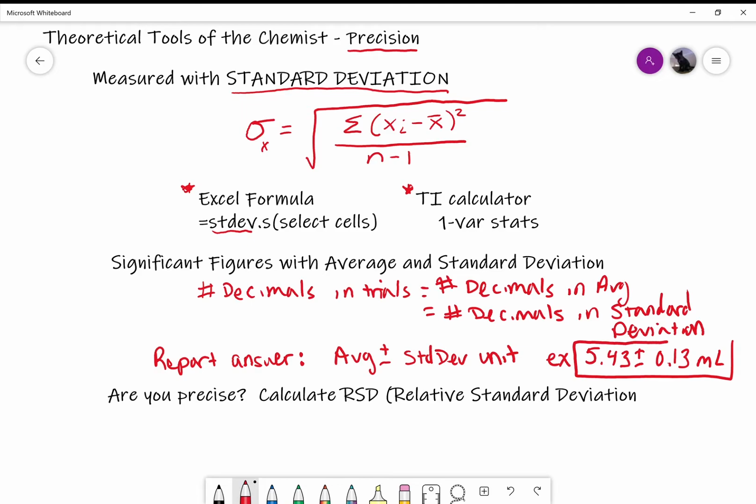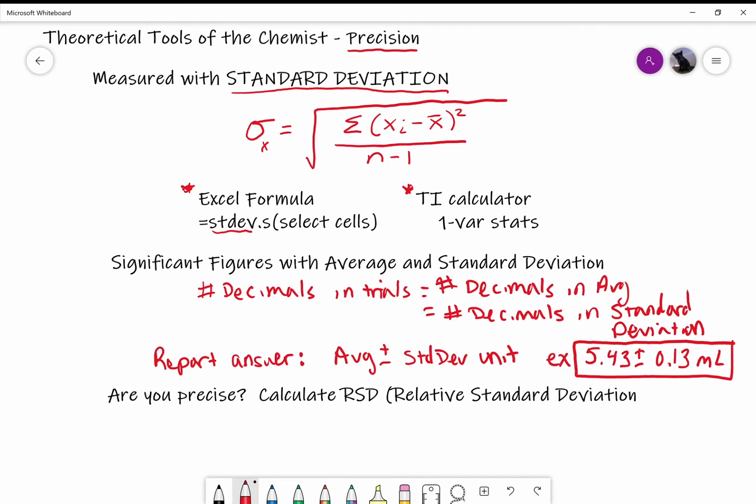This tells me that the range that I expect my next trial to be in is either 0.13 less than my average, so 5.30, or 0.13 greater than my average, so 5.56, and I expect my number to be within that range.